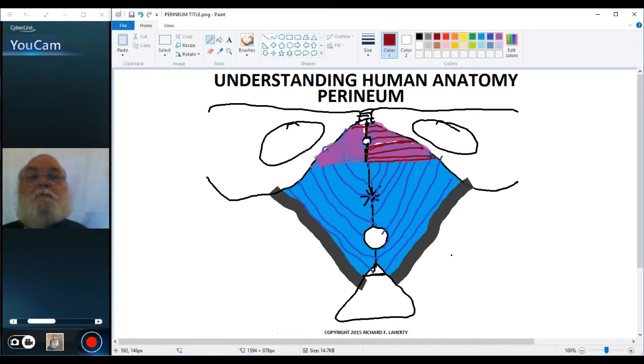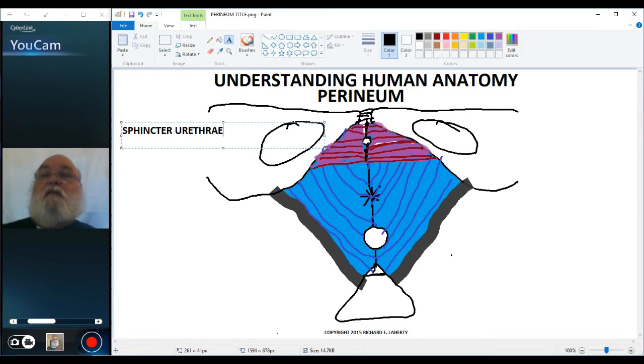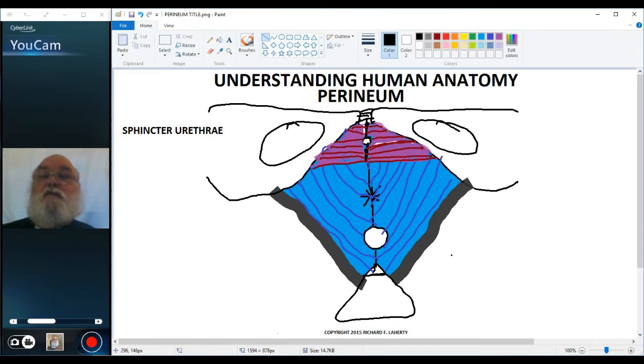Like so. So this is the sphincter urethrae. And it is in purple.